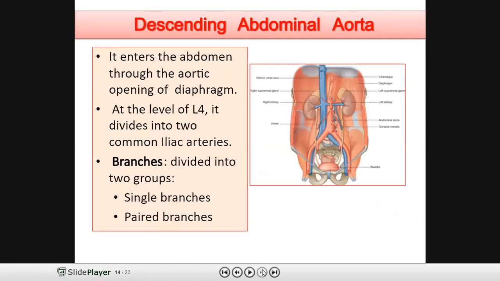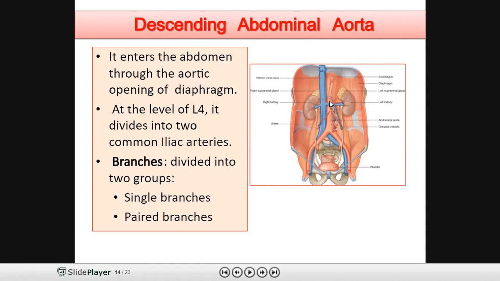Now, descending abdominal aorta. The descending abdominal aorta enters the abdomen through the aortic opening of the diaphragm, which I talked about before, the hiatus of the diaphragm. It enters the abdominal region through the aortic opening at the level of T12, the 12th thoracic vertebra.